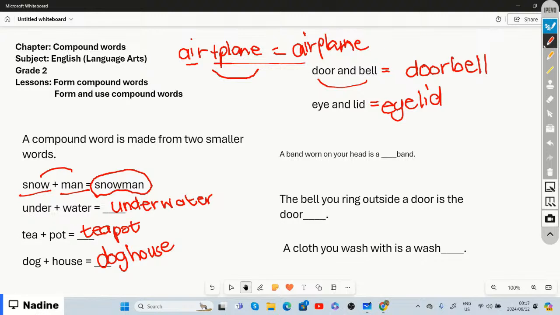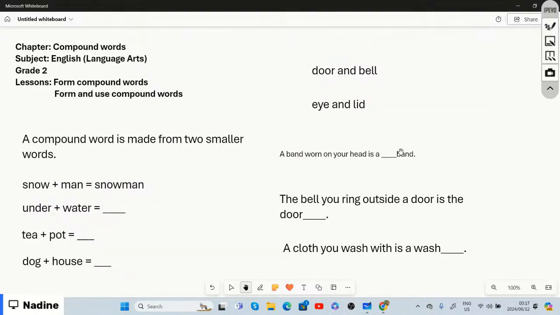A band worn on your head is a what band?